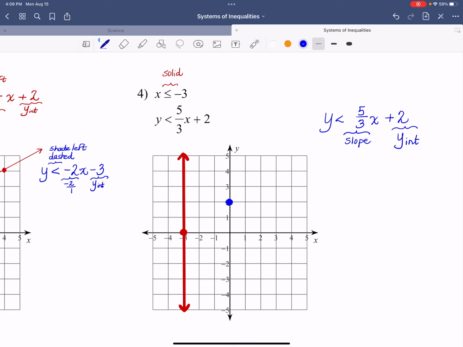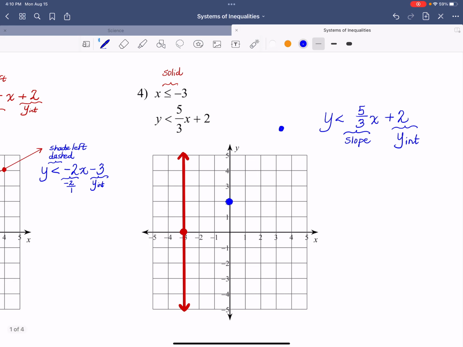Now I know this has a positive slope where I will move up 5 and over 3. So that would be 1, 2, 3, 4, 5, somewhere about right there. Just kind of have to guesstimate on this one. So up 5 and over 3. And then I'm going to go ahead and put another point over here, 5 up and over, because I want to see the intersection of those points.